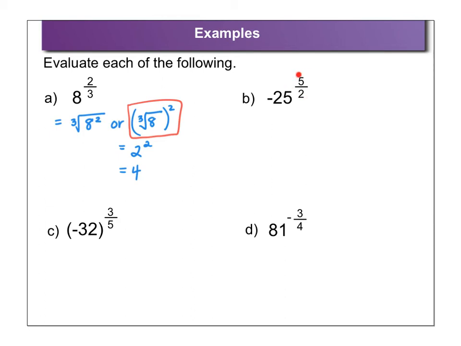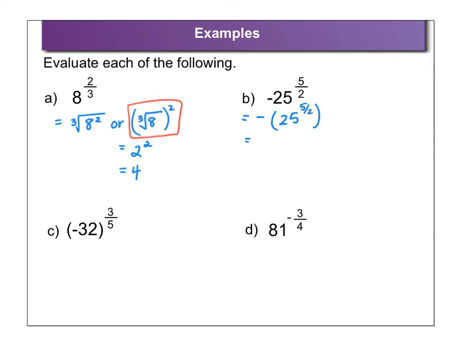So this exponent 5 over 2 is only connected to the 25. That negative sign, we can think about as being out front, and that is not part of the base of the power. So I'm going to write it like this, and if it helps you to see it, really, this is the power that we are dealing with here.